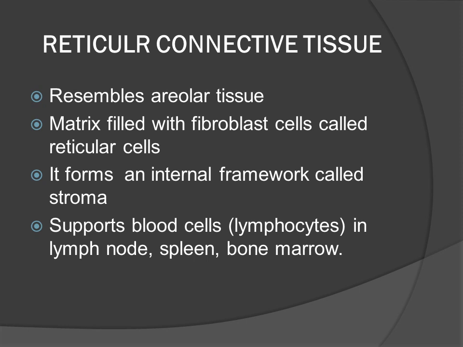Okay, then this reticular connective tissue is supporting the blood cells, especially lymphocytes. Lymphocyte is one of the WBC cells, and especially this cell is present in organs such as lymph node, spleen, bone marrow. You may hear these words newly, and these are all lymphoidal organs.